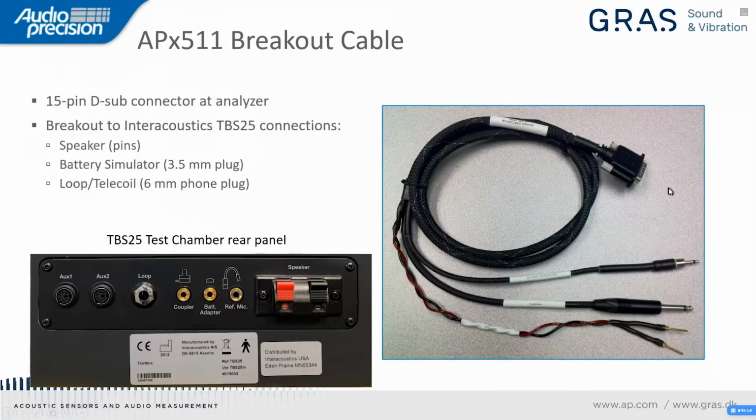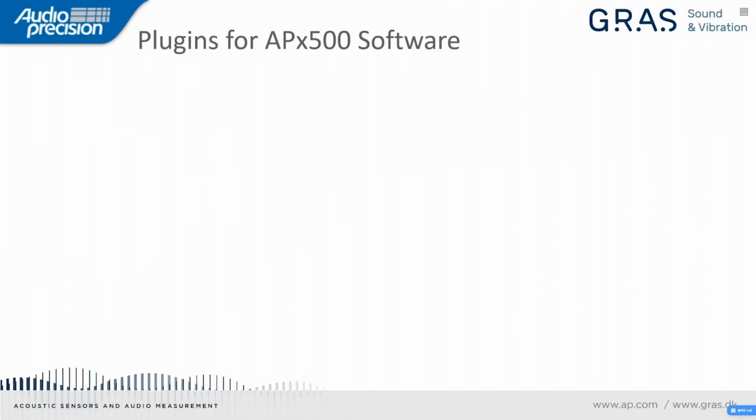Now, in the demonstration I'm doing today, I'm using some plugins for the APX software. So these are software features that don't ship natively with the software, but they're available for download from our website. First up, we have the hearing aid test plugin. This adds a few derived results that are used in the hearing aid test project I'm demonstrating today. Also, we have an attack and release plugin.